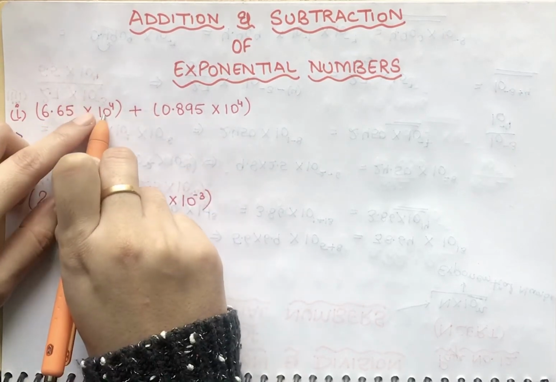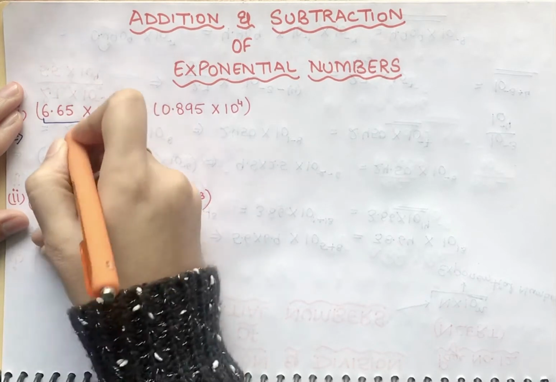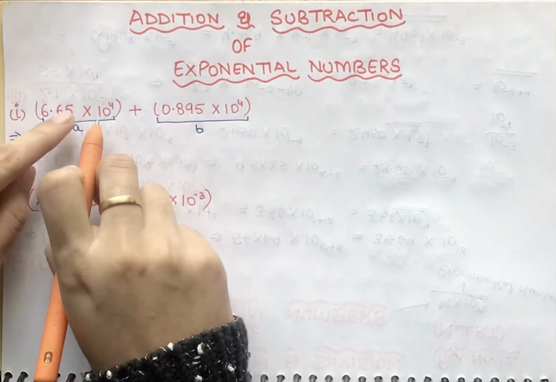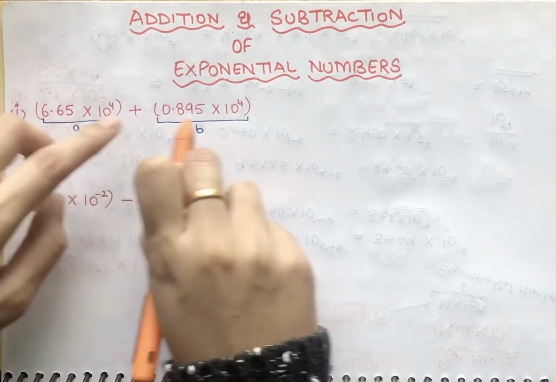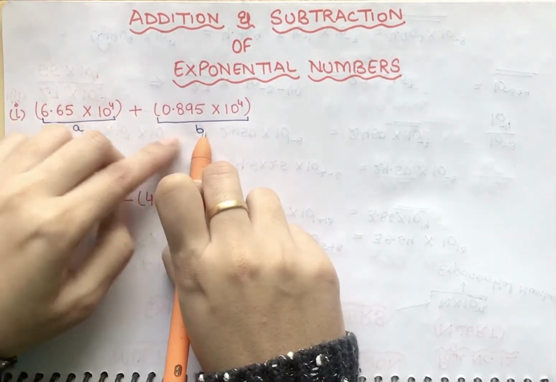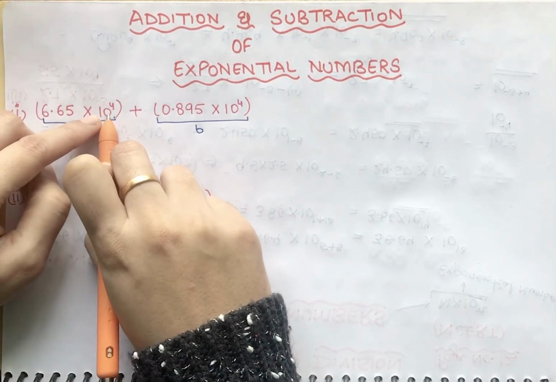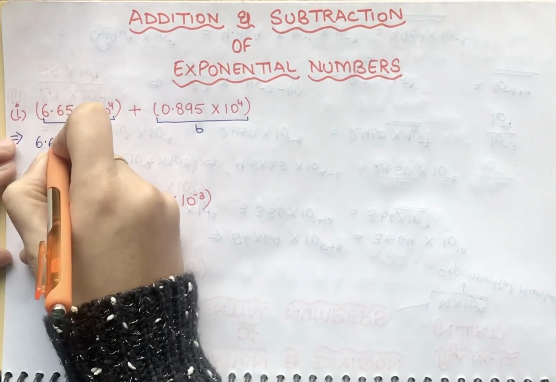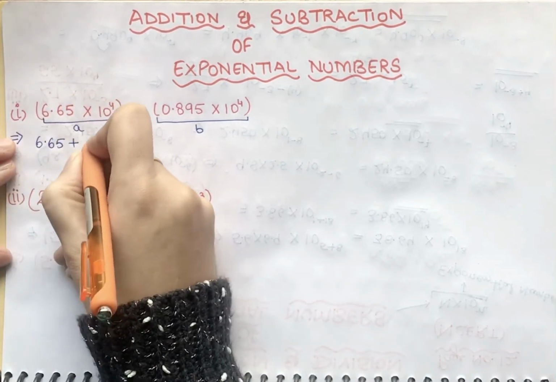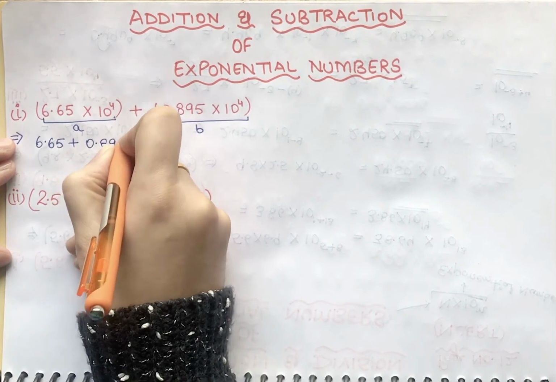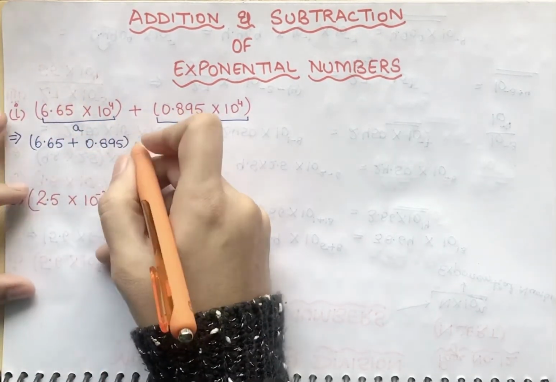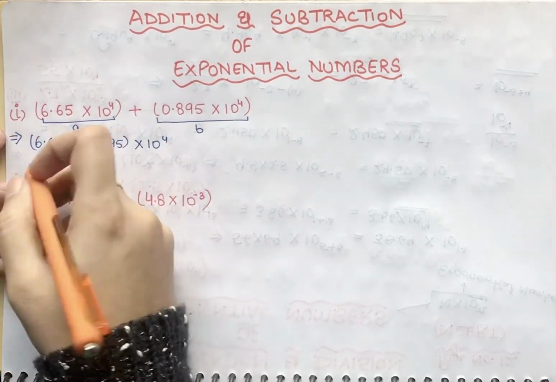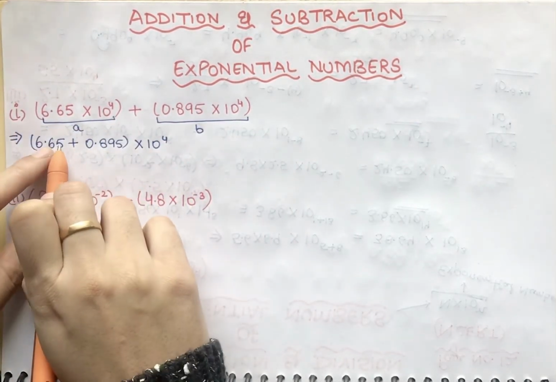So I'll consider this value as A and this value as B. I'm having 10 raised to power 4 in A as well as 10 raised to power 4 in B. So I'll take 10 raised to power 4 common from these two values. So it will be 6.65 plus 0.895, into 10 raised to power 4. Now you can simply add these values.